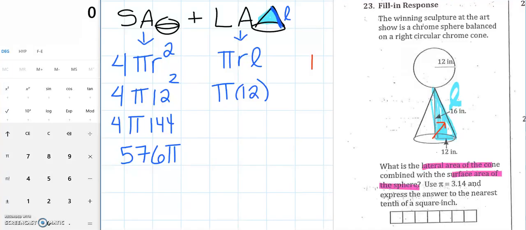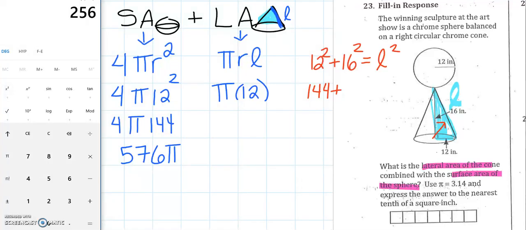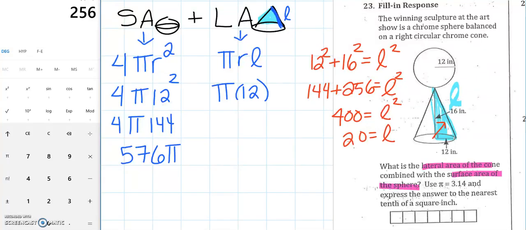So I'm going to write down 12 squared plus 16 squared equals L squared. 12 squared is 144 plus 16 squared, which is 256, equals L squared. 144 plus 256 is 400. That's L squared. Square root both sides, so 20 is L. That's the slant length, 20.